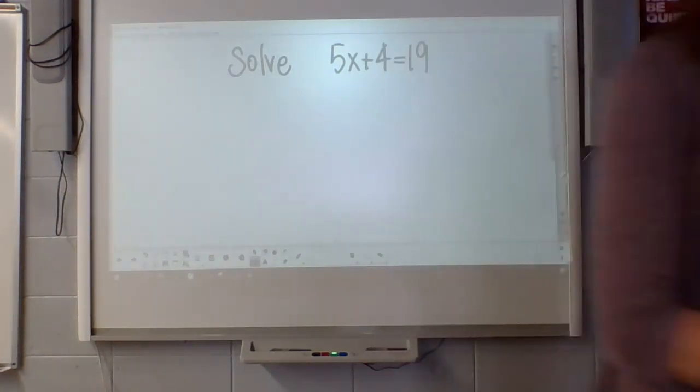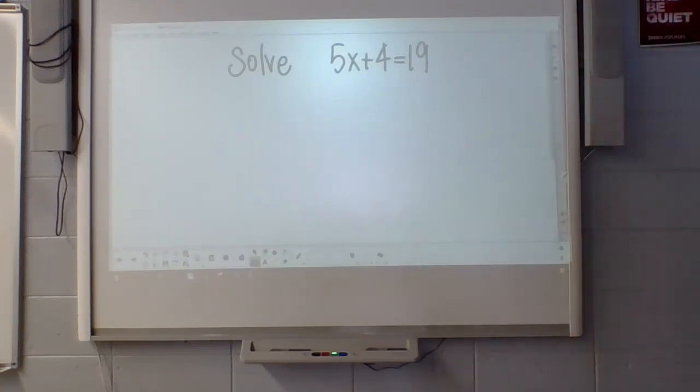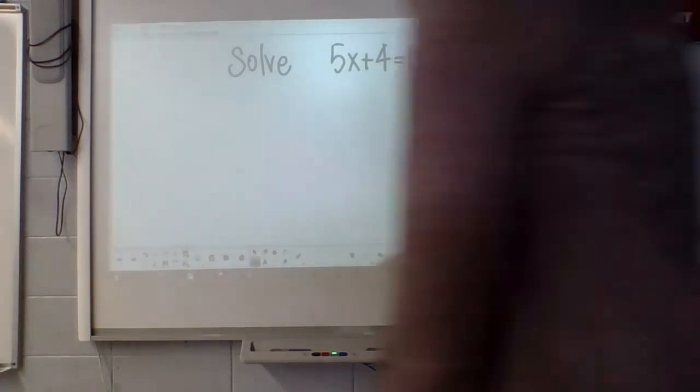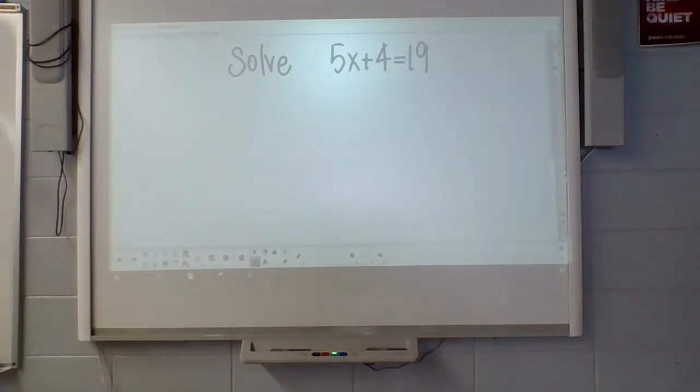Hopefully they start relatively easy and then work our way a little bit tougher to solve that. So you're solving for x. It's kind of more like what we did last class.